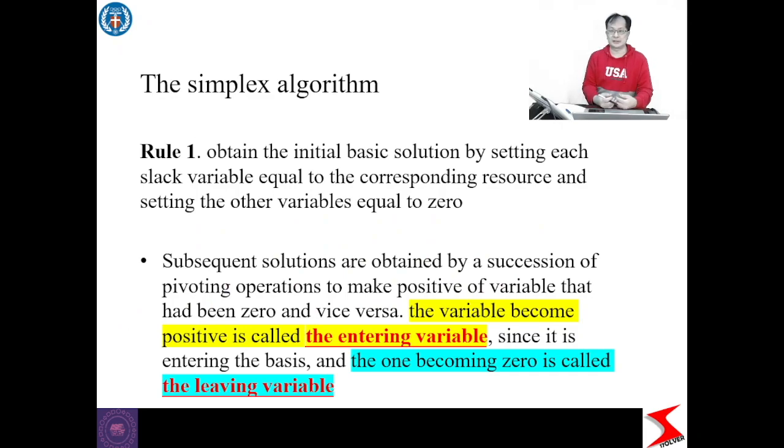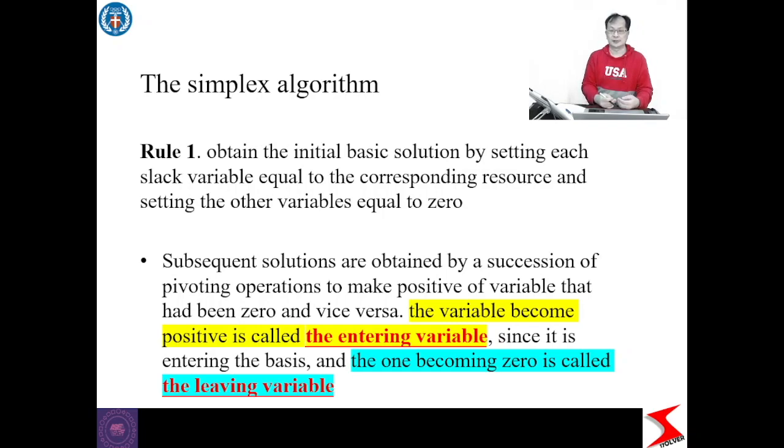So there are 6 rules for the simplex algorithm. Rule 1, try to obtain the initial basic solution by setting each slack variable equal to the corresponding resource and setting the other variables equal to 0. So this is the basic idea to set up the initial values for the slacks.